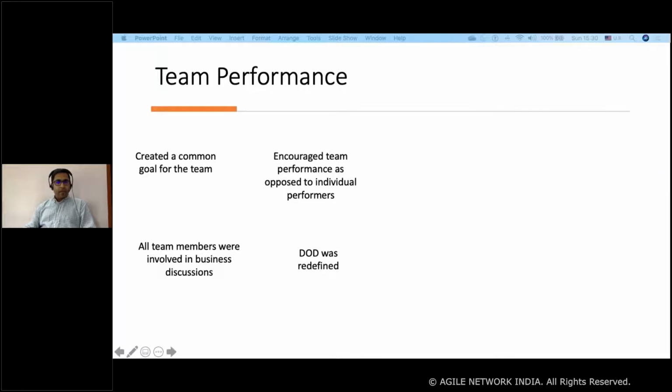Okay, and another thing which we did was the definition of done. Like definition of ready, definition of done was redefined. Earlier, automation was not part of the definition of done. There was a separate team to do automation for the story.